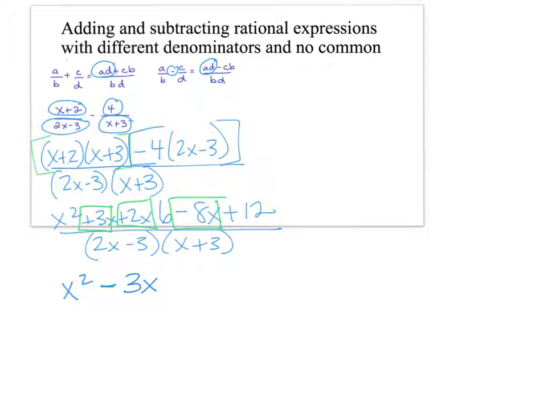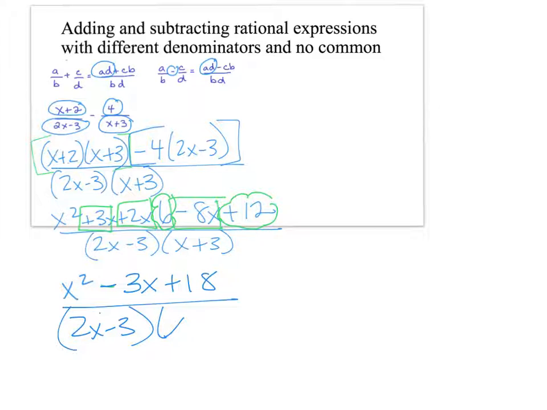And then we have 6 plus 12, which gives us positive 18, and that's all over 2x minus 3 over x plus 3. Next step is to factor where we are able.